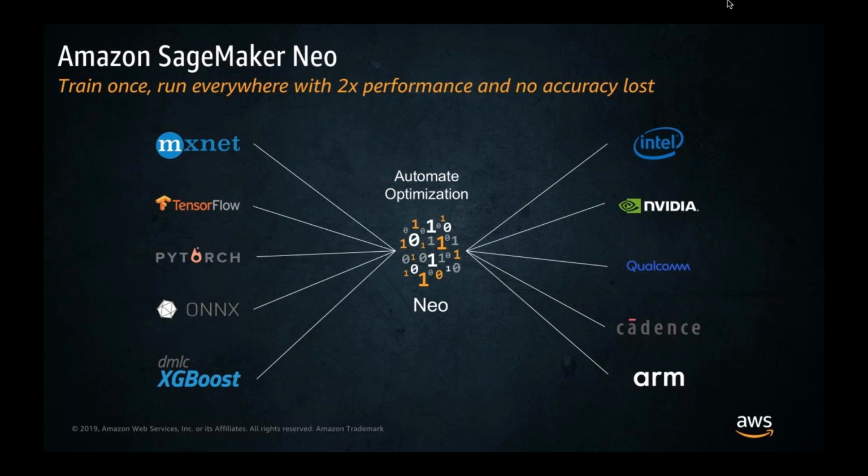The idea is you train your model once, and then you use Neo to recompile the models for edge devices that, for example, run on ARM, like NVIDIA Jetson devices, the Nano, the TX2s, as well as the Raspberry Pi.